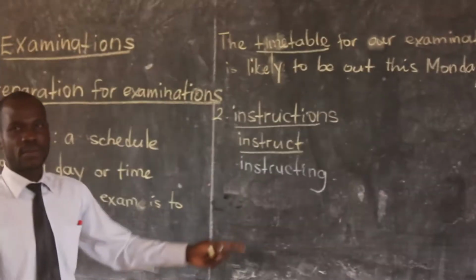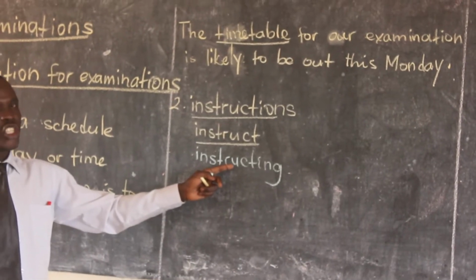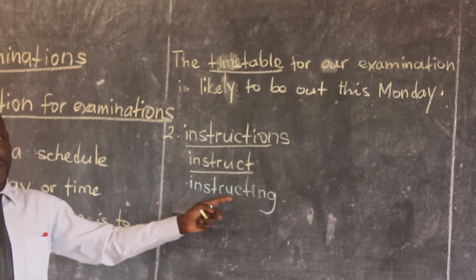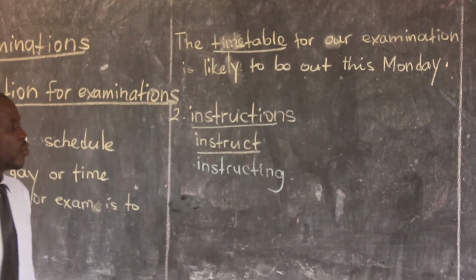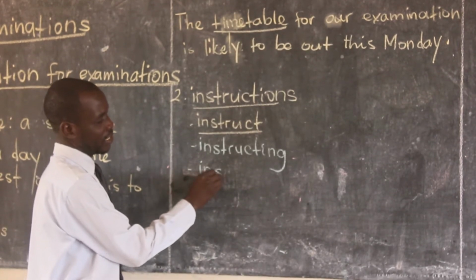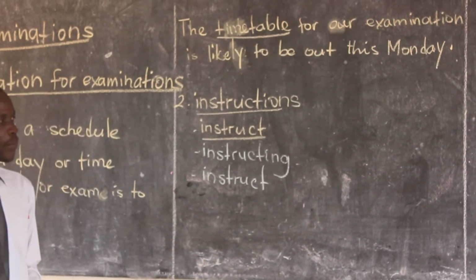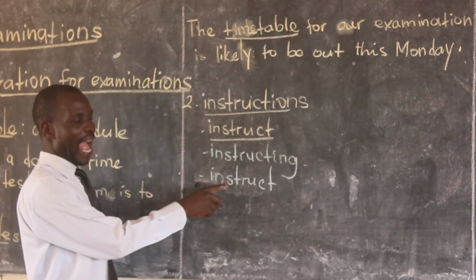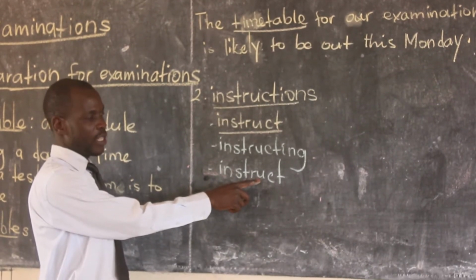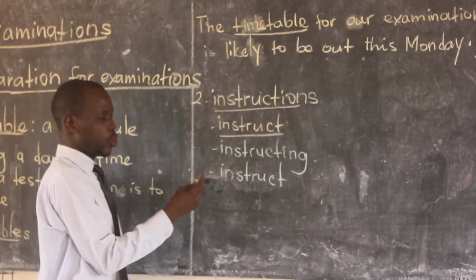Instructing. This one has a present continuous tense. For example, we can say, John is instructing the pupils to sweep the compound. Then we can also have another tense, instruct. Like we can say, I always instruct children to write well. Then you can also say, she always instructs.